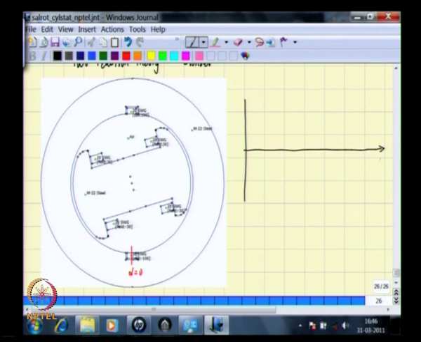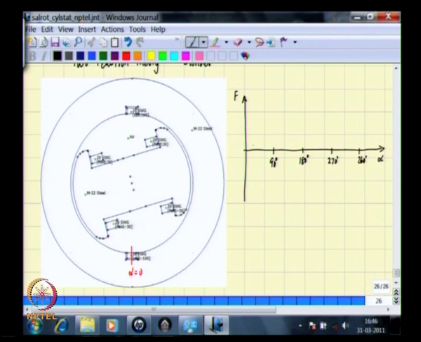You have the angle travelled around the circumference and you have the MMF, let us call it F. This is 90 degrees and then 180, 270 and 360 degrees.